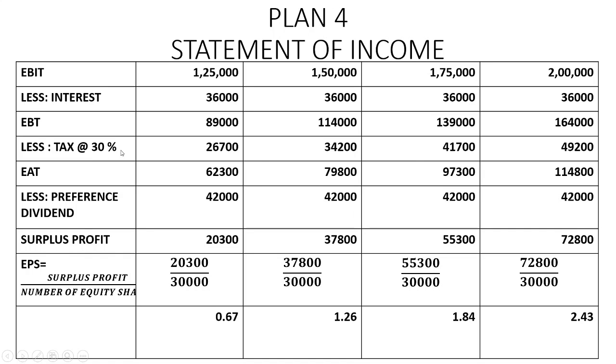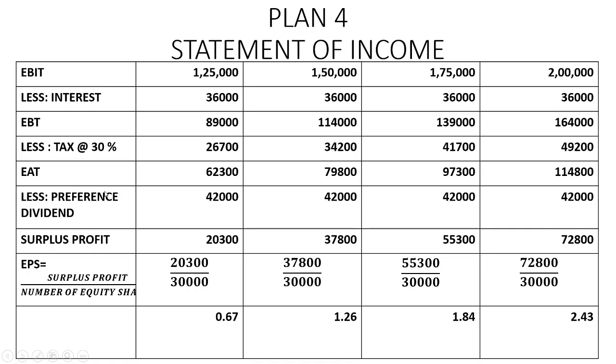Tax at 30%, multiply EBT with the 30%. 26,700, 34,200, 41,700 and 49,200. Earnings after tax is equal to 62,300 and second case 79,800, third case 97,300 and fourth case 1,14,800.